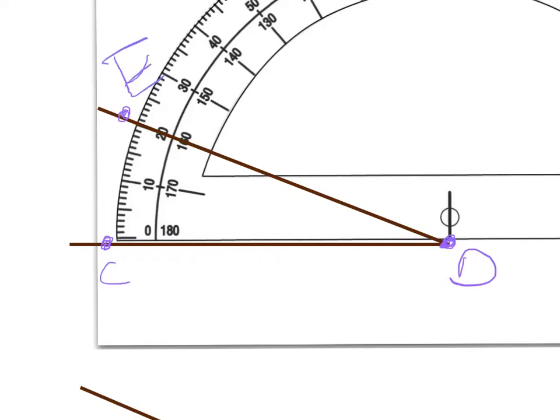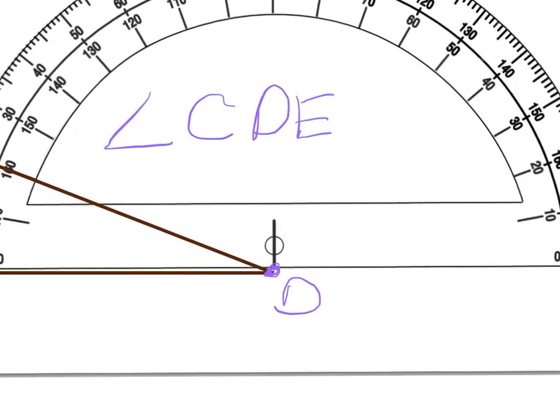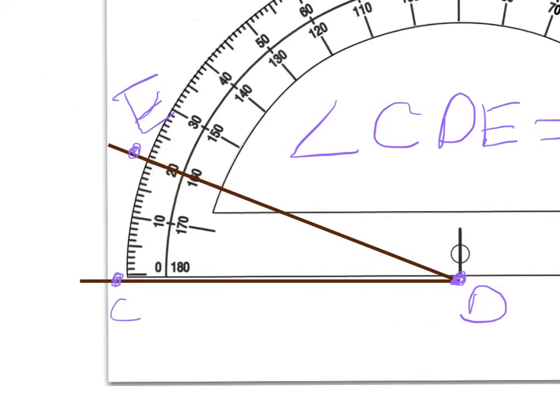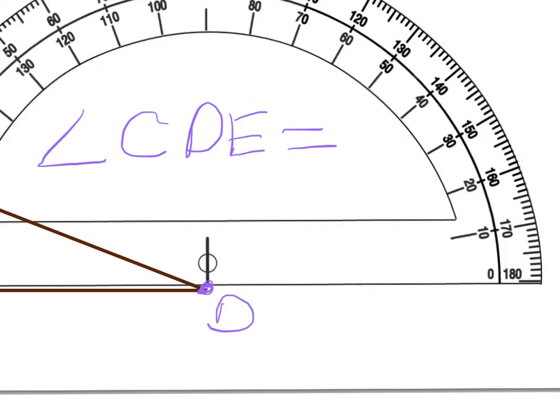So angle CDE equals, let's go back a little bit. Notice it's right above the 20. I'm looking right here, right above the 20, so it's on 21. It's just one more above the 20. So that's 21 degrees. Okay.